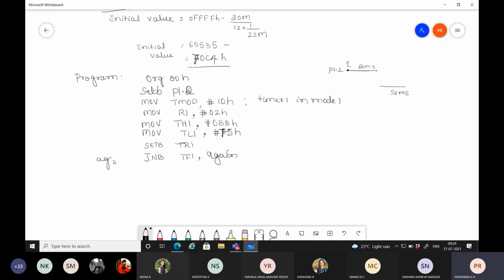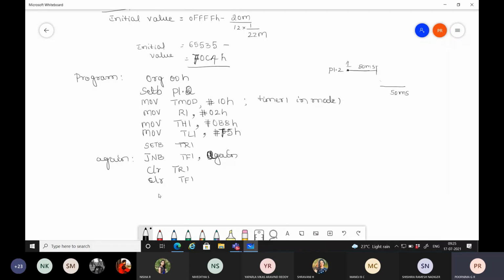So we are going again to the same instruction. Once this delay or count reaches the overflow, it means that 50 milliseconds of delay has been provided through this timer. So clear TR1, then clear TF1.